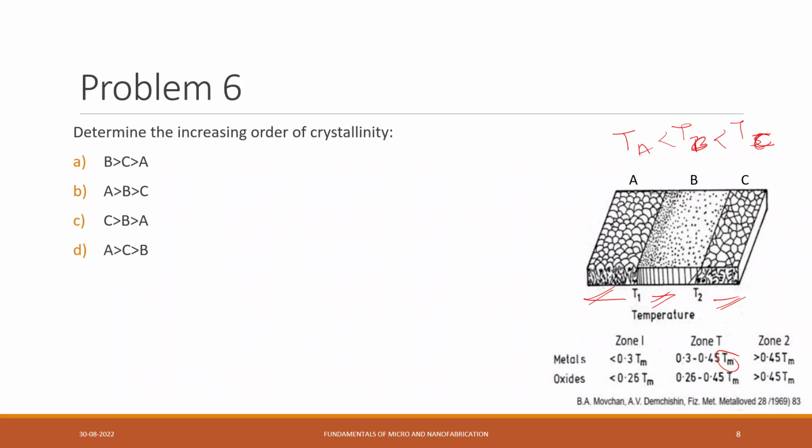Crystallinity means ordered structures, and the opposite of crystallinity is amorphous, which has no order. Anybody else has any answers?